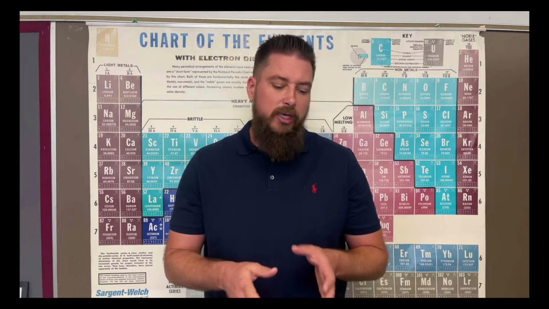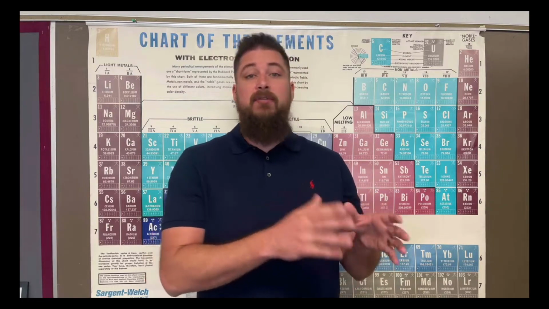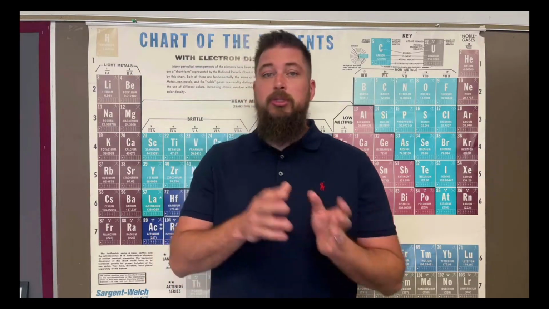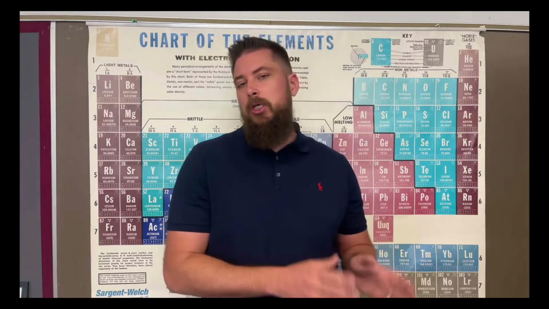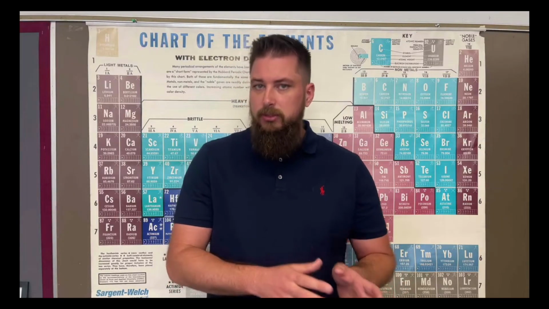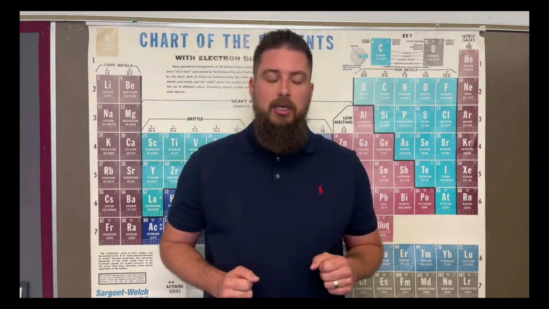If you have an unknown acid, you're going to titrate it with a known concentration of base. If you have an unknown concentration of base, you'll titrate it with a known concentration of acid, and you can determine the concentration.